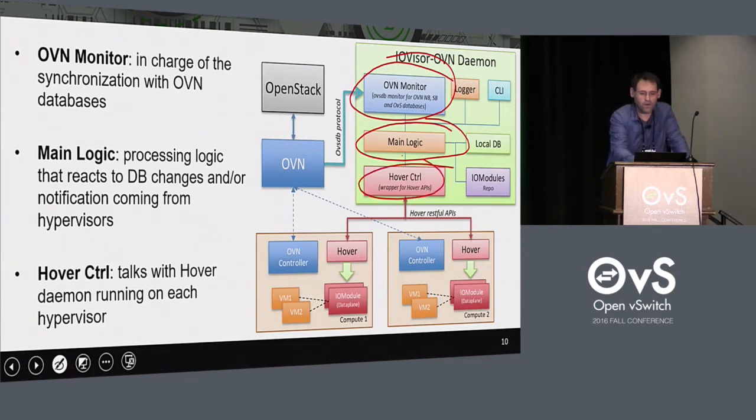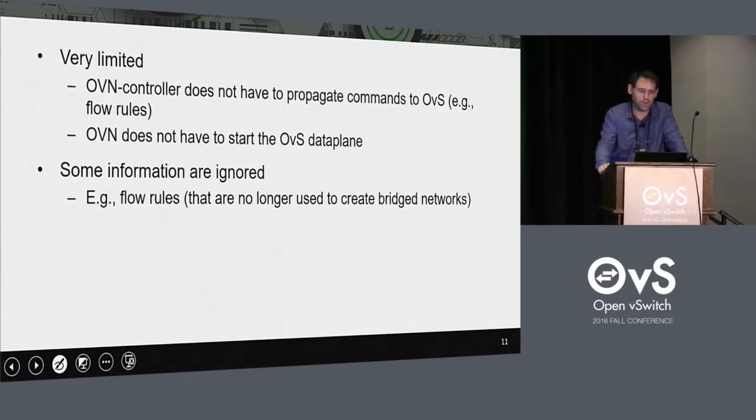And then this Hoover controller that is basically a single wrapper for all the Hoover instances that are running in the data center and basically isolates the communication between this central IOVisor daemon and all the hypervisors that are around. And then there are some additional modules like Logger, CLI, and so on, which of course are there because we need them, but conceptually those are not so important.